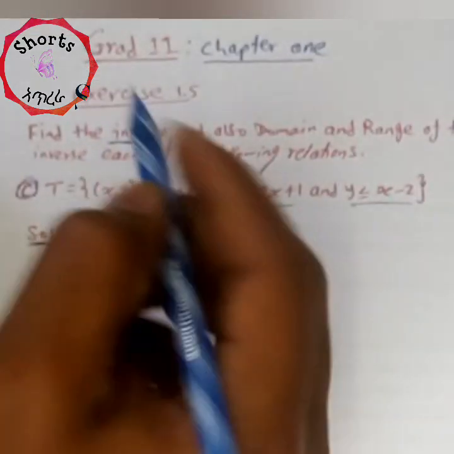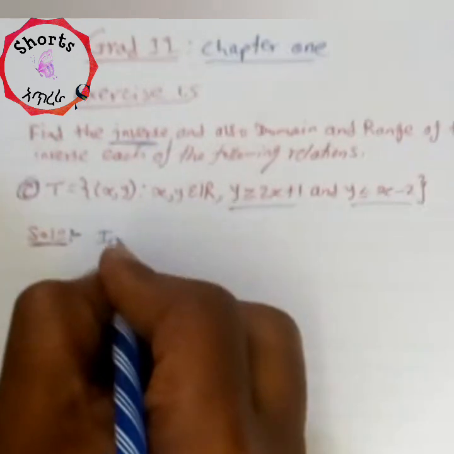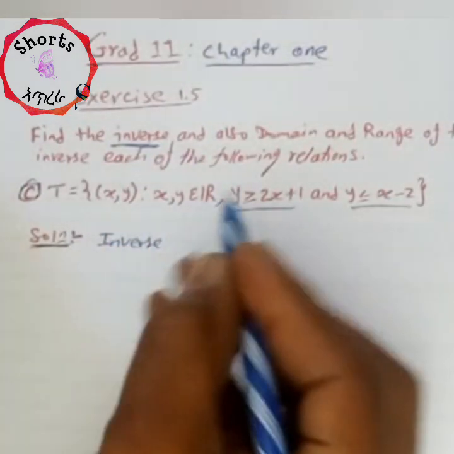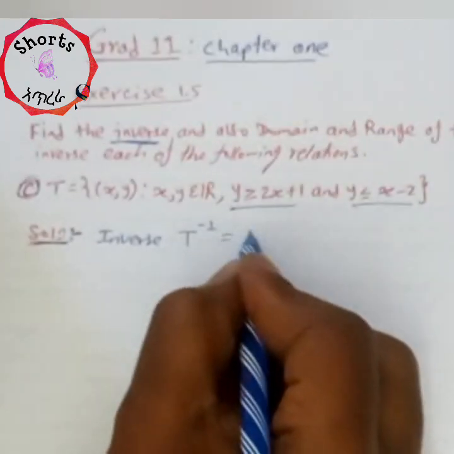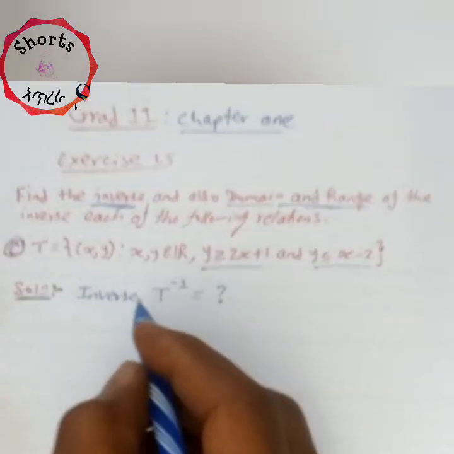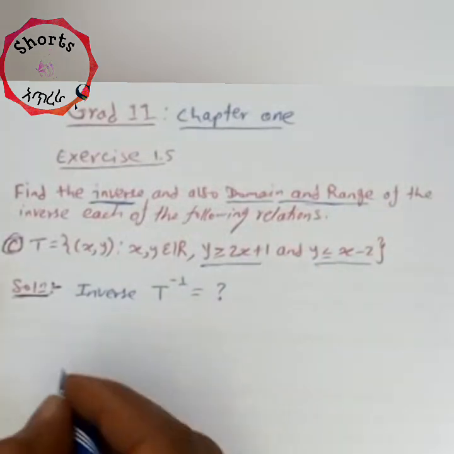First thing we are going to find is the inverse of the relation, that is, T inverse. Then we have to find the domain and range of T inverse.